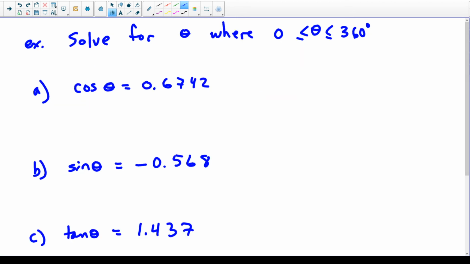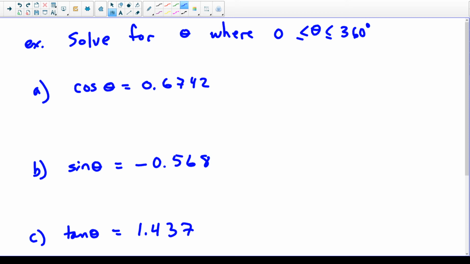Let's look at these examples here now. And now I'm moving away from the special angles. Now I want you to clearly see, what do I mean by solve for theta when theta is between 0 and 360? The problem is there is no longer just one answer for these.